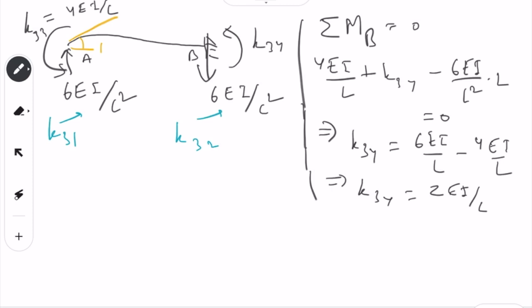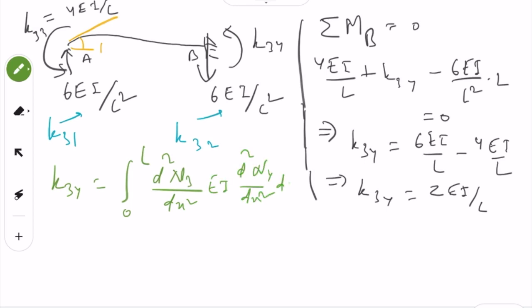Of course you could also have found out K34 as the integral from 0 to L of d square N3 over dx square, EI, d square N4 over dx square dx.